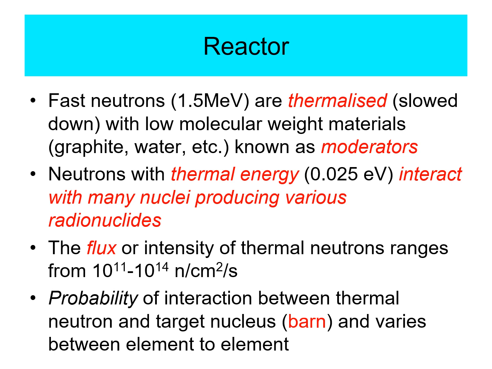So fast neutrons, those with energy 1.5 MeV, have got to be thermalized, to be slowed down with the use of moderators. This produces neutrons with lesser energy in the range of 0.025 electron volts, and these thermal neutrons interact with many nuclei to produce various radionuclides.